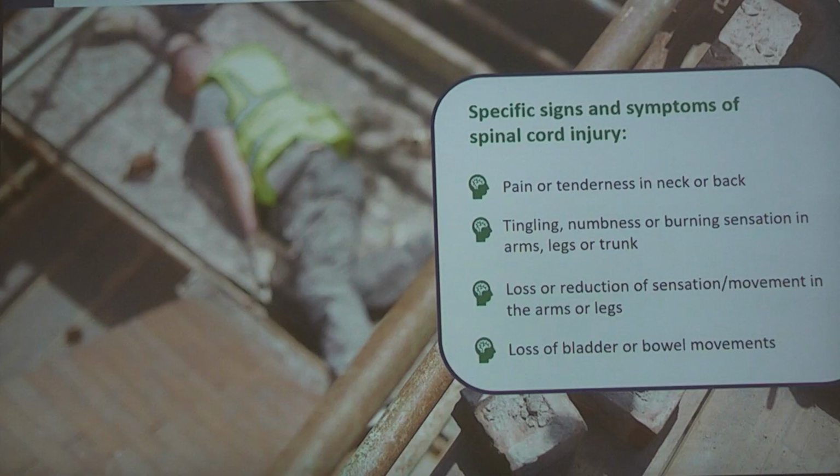And if it affects the larger nerves, the motor nerves, then they'll also have a loss of movement with it. And the thing that commonly will happen if they do have these injuries is they'll have loss of bowel and bladder control. So either they won't be able to go to the toilet, or they become incontinent. And they become numb around the pelvis area, around the groin area because of that.